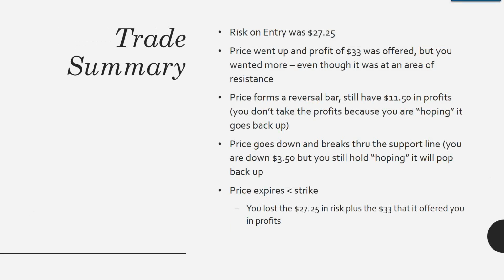Price expires less than your strike. Not only did you lose the $27.25 in risk, but you also lost the $33 or the $11.50 that it was trying to offer you in profits. Why? Because you wanted more and you were hoping it would give it to you. That is not your job as a trader. Your job as a trader is to take profits.